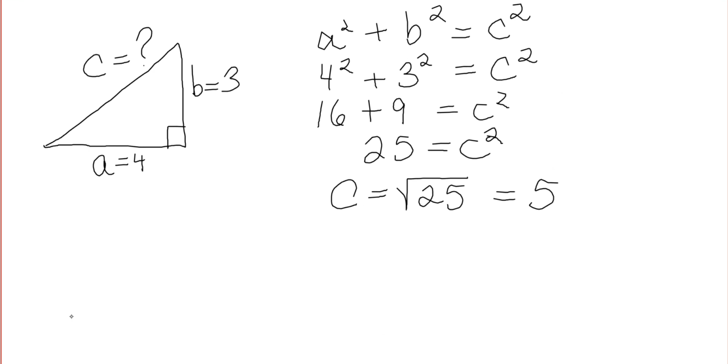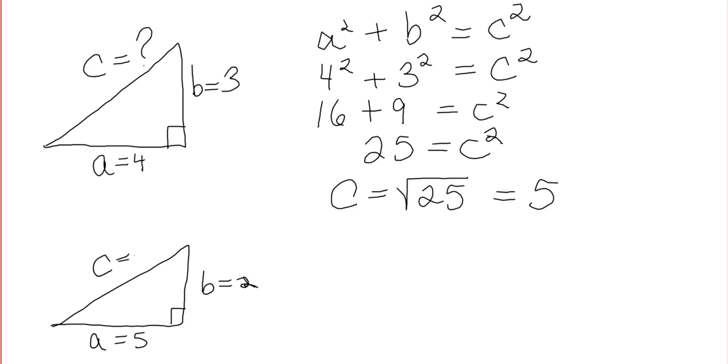But what if we had something else? What if our triangle was different? What if our A was 5 and our B was 2? I tried to draw my B a little shorter this time, but I didn't succeed all that well. And I was still trying to find C. So in that one, you'd have 5 squared plus 2 squared is C squared. 5 squared, we just did that one, that's 25.